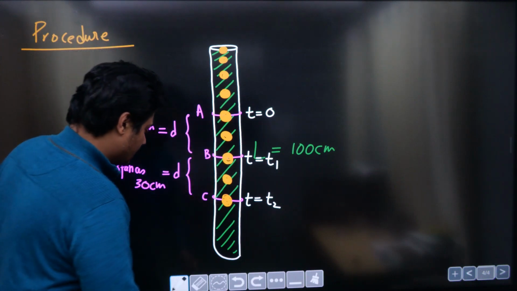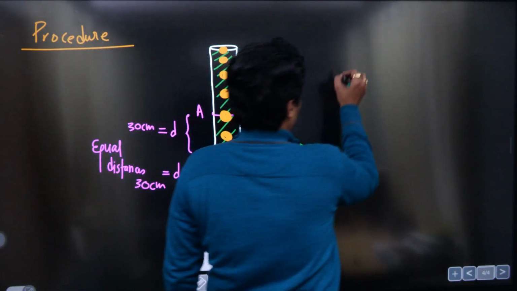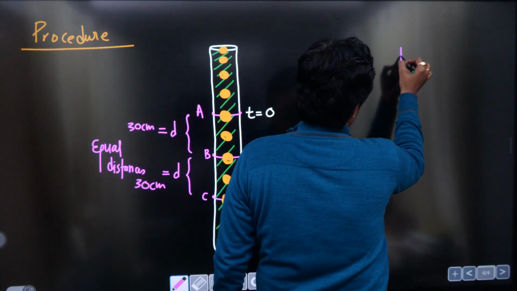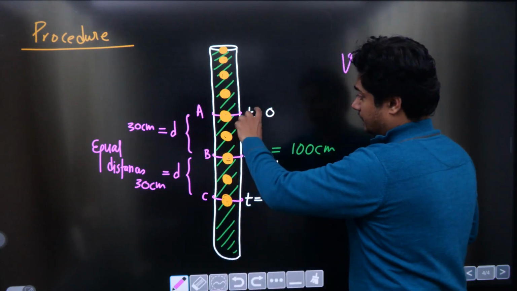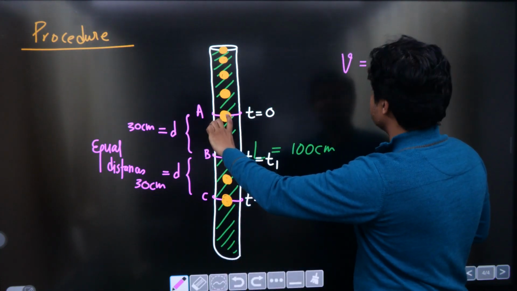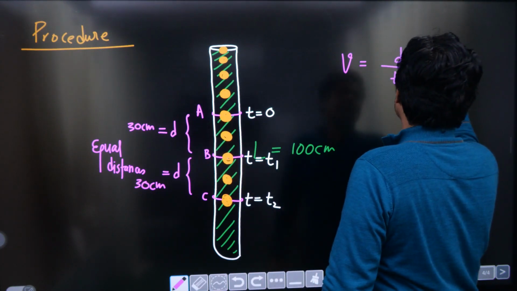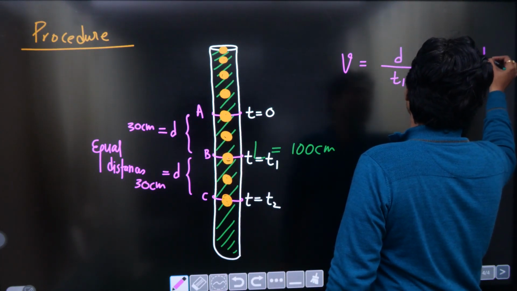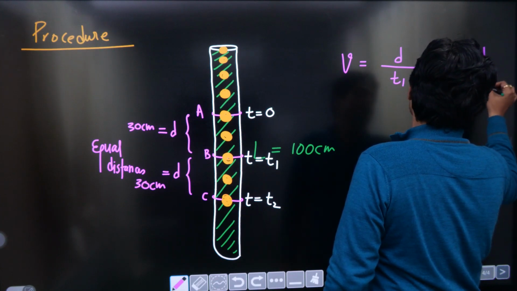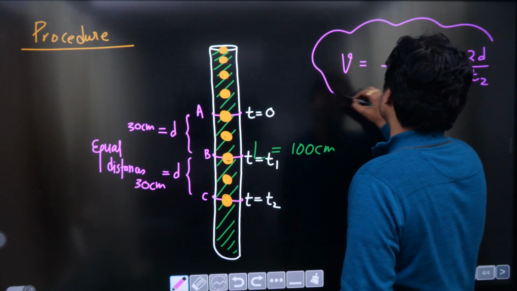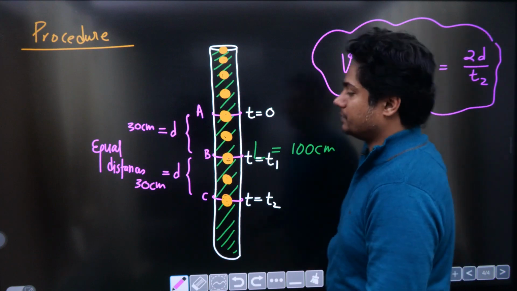And from here you can determine the velocity. The velocity will be given by distance upon the time. So the distance d by t1, and it can also be calculated, it should be equal to 2d by t2. Alright, so generally this is how we determine the terminal speed.